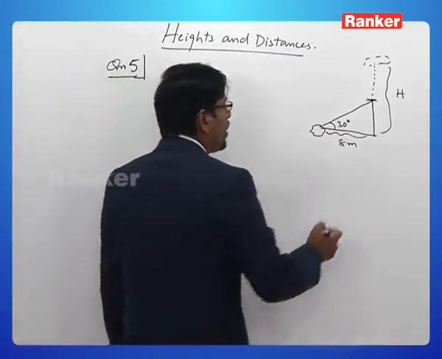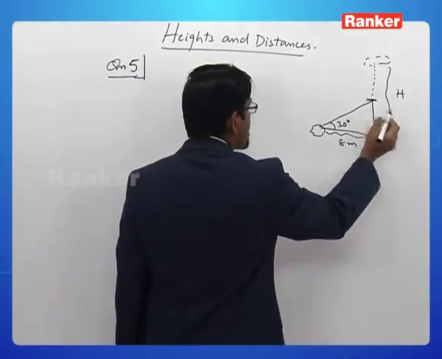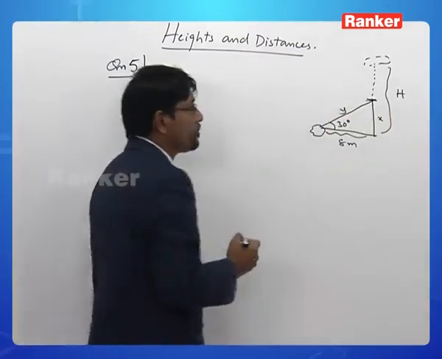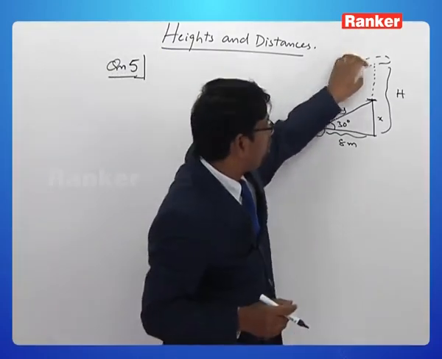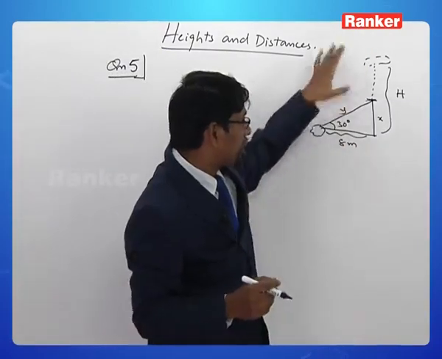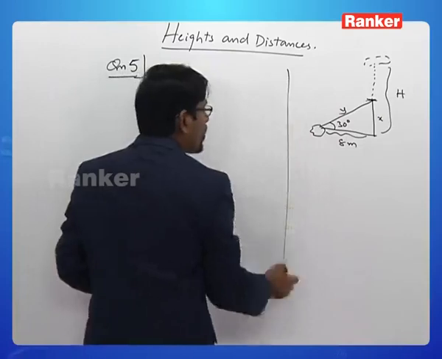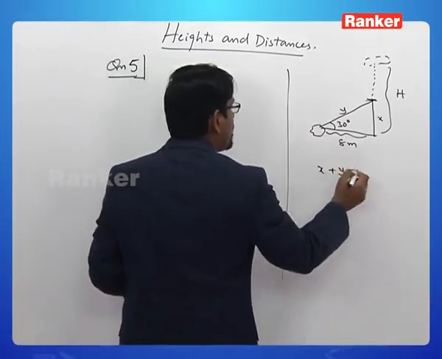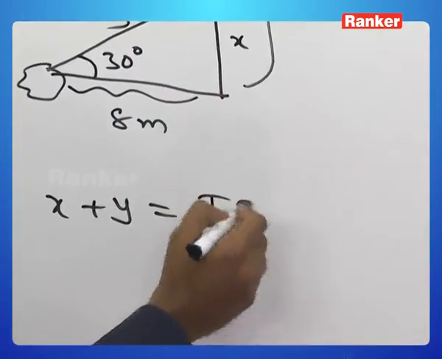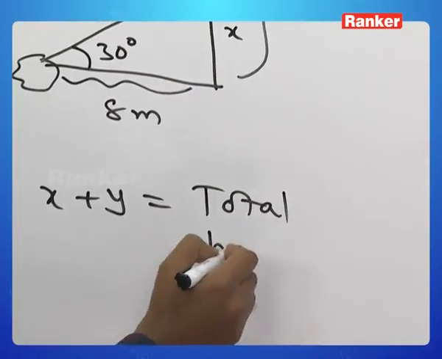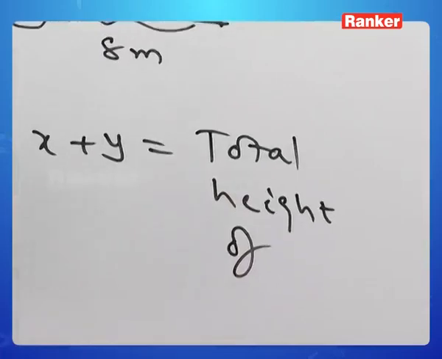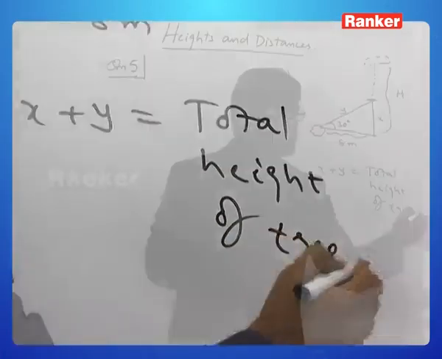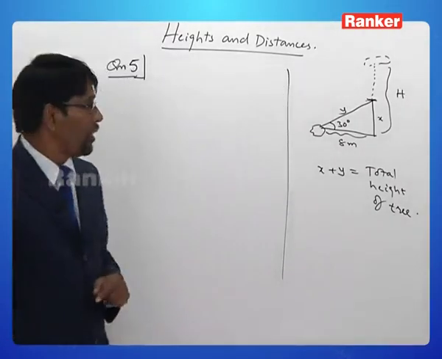Okay. Now let us call this as x and let's say call this as y. It was this y which would have contributed to the total height. X plus y is the total height of the tree before it was broken.